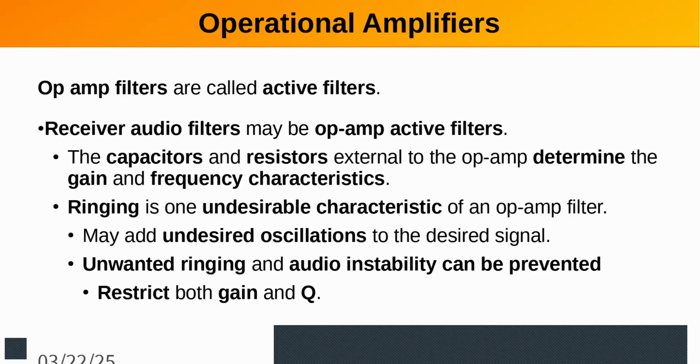If you add some capacitors in the feedback circuit, or in the input circuit, you can make it a high pass or low pass filter. One of the issues, because they're very high gain devices, particularly in circuit layout, where you've got some stray capacitance, you can get oscillations and feedback. So you may have to restrict the gain or the Q of the circuit.